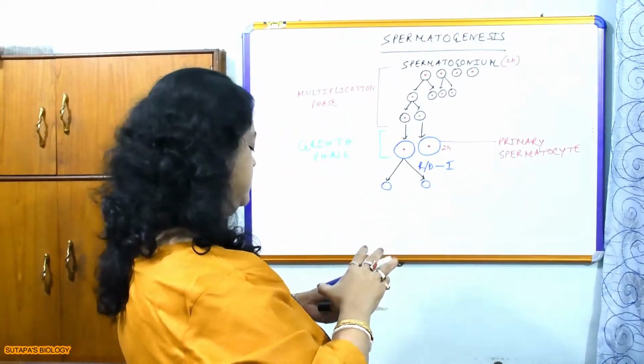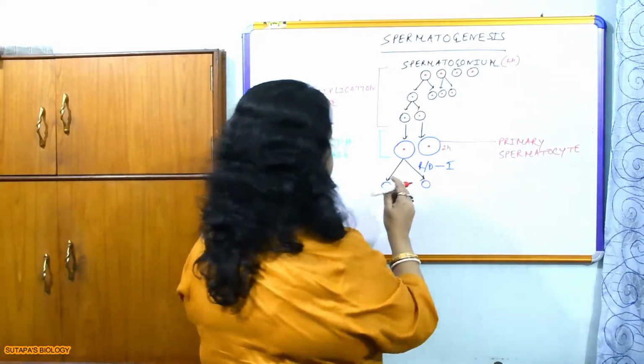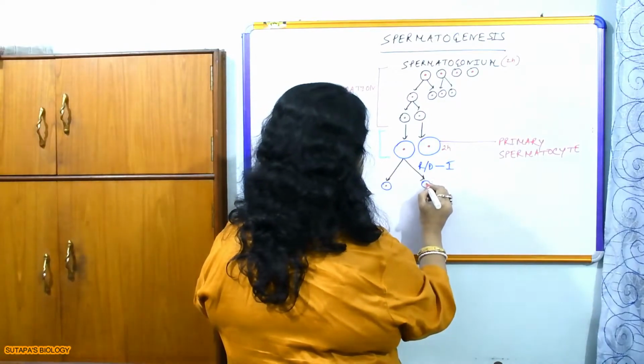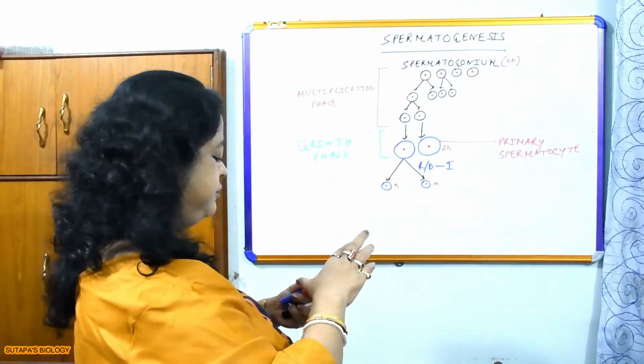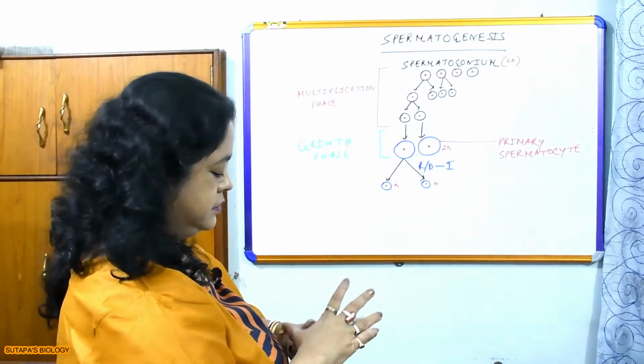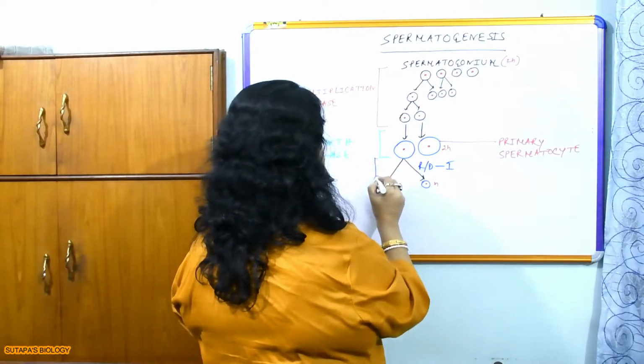which have the N complement of the chromosome, and this phase is known as the maturation phase. So in the maturation phase the chromosomal complement will be reduced from the previous one.